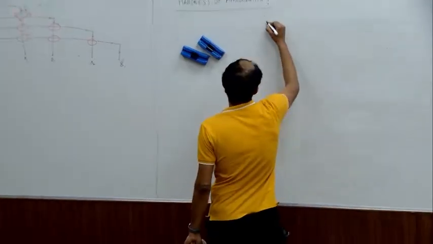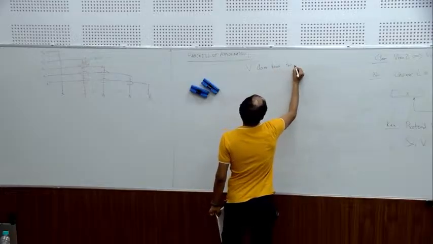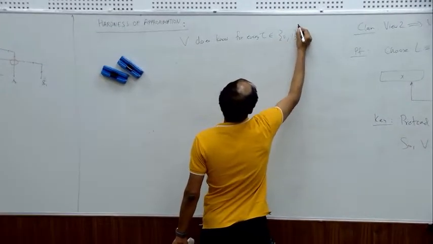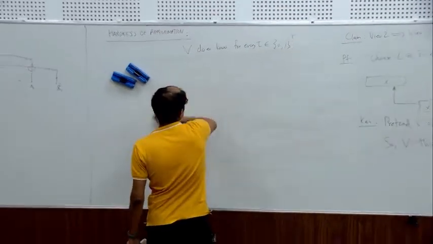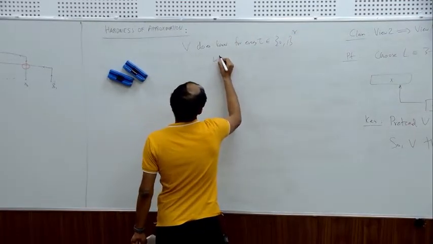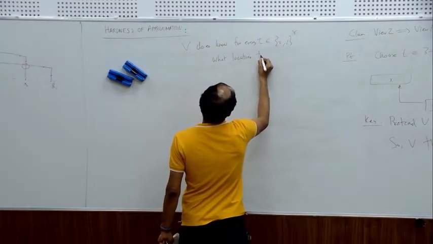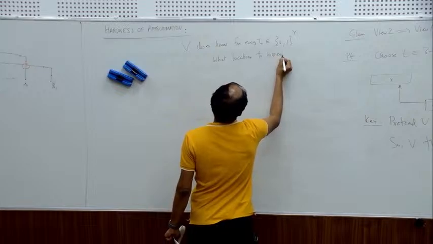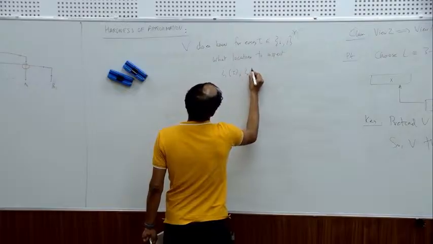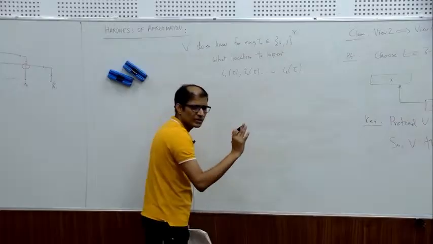So the verifier does know, for every tau in {0,1}^r, where r is the number of random coins allowed, what locations to inspect. For example, the locations inspected on a particular tau are I1(tau), I2(tau), all the way up to IQ(tau). These are the Q locations that you inspect.